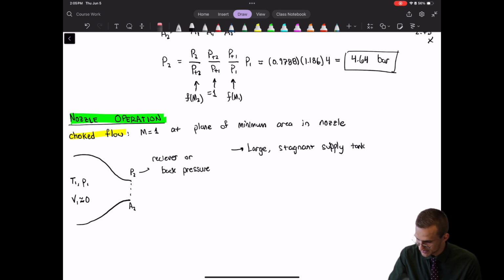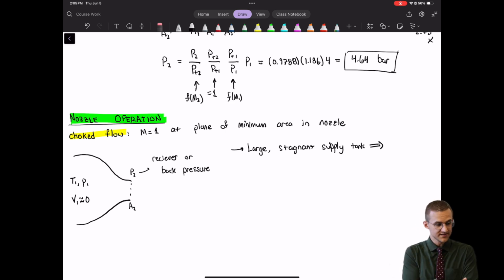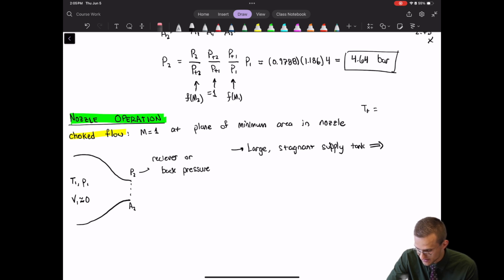And what that means is the flow is stagnant, right? So because of that, the static properties are the same value as the stagnation properties. Remember, we have that Tt is equal to T times this quantity, 1 plus gamma minus 1 over 2 M squared.